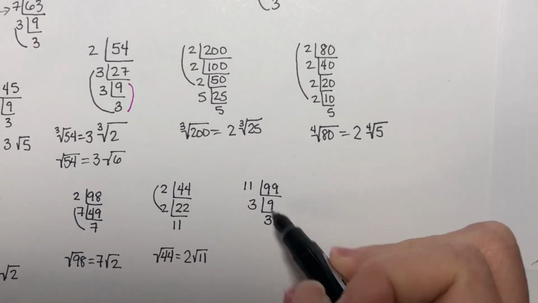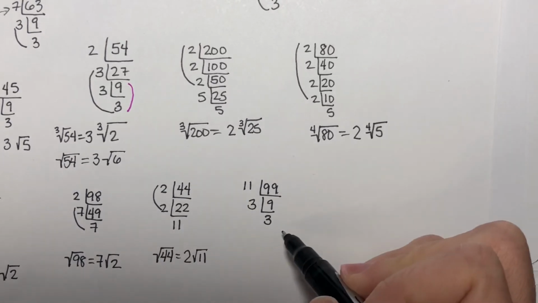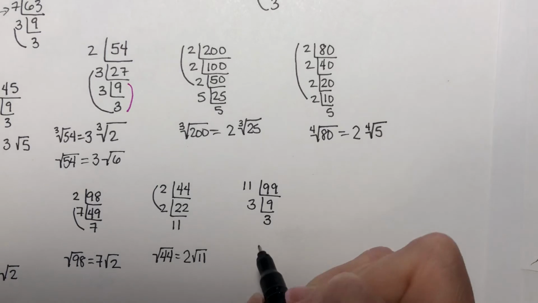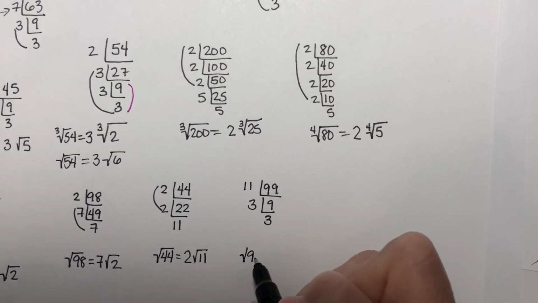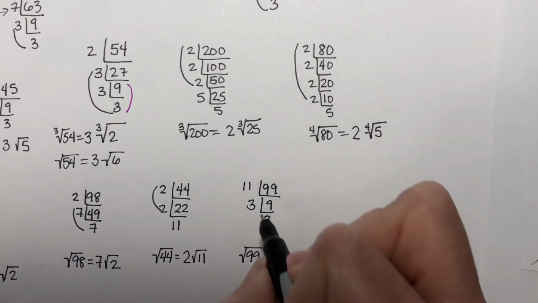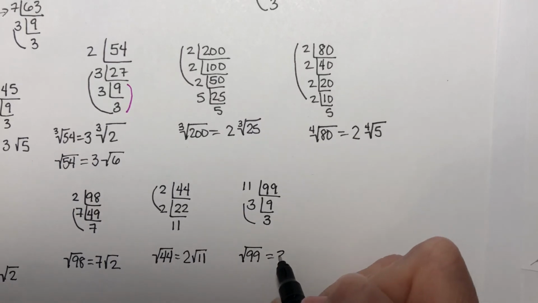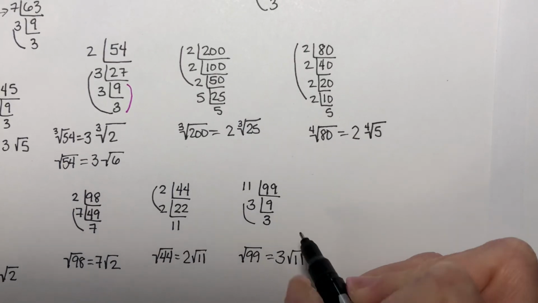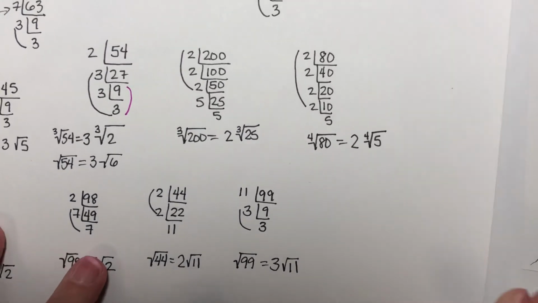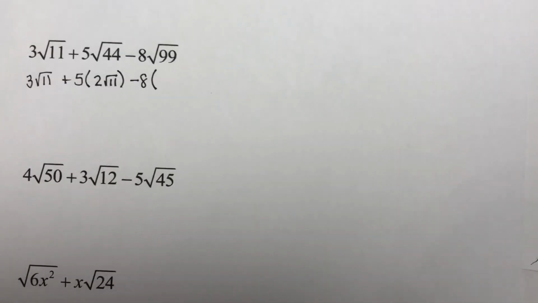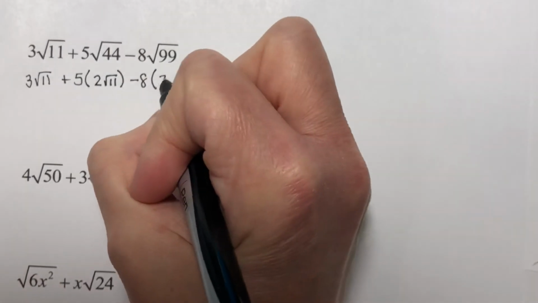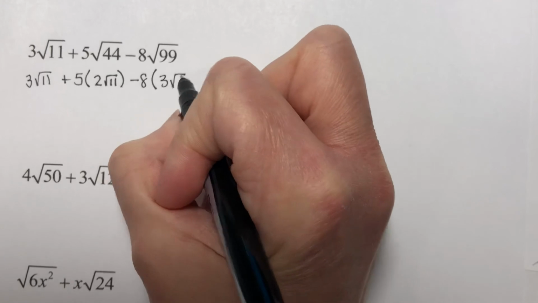It does not matter which number you start off with; I would have gotten the same combination of numbers. So the square root of 99 would be 3 times the square root of 11. So here I have 3 times the square root of 11.